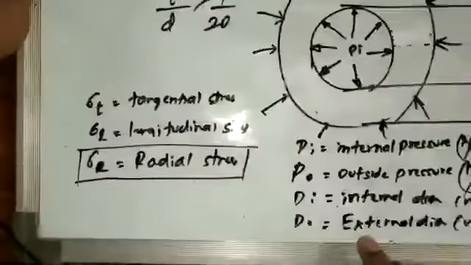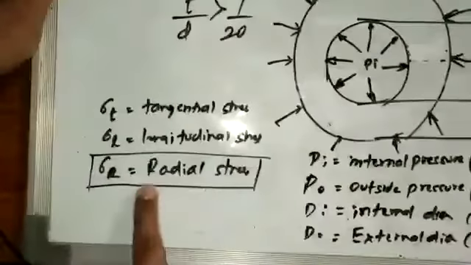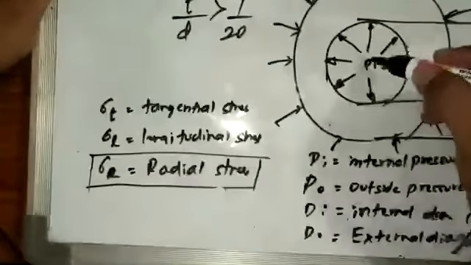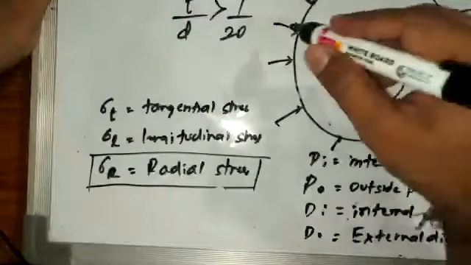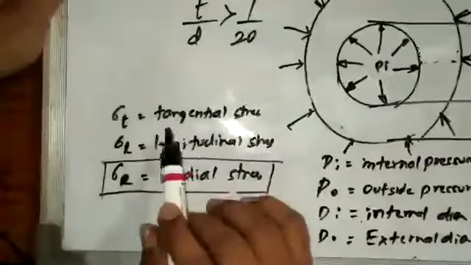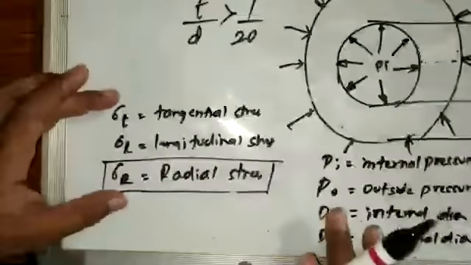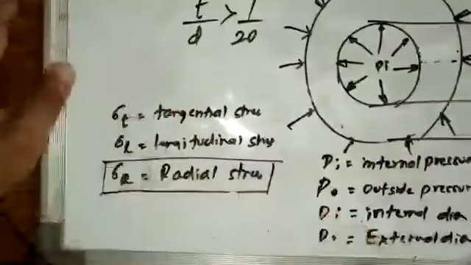In thin cylinders, we ignored this particular radial stress. Radial stresses are stresses generated in the radial direction. Whereas here we are considering all three stresses: tangential stress, longitudinal stress, and radial stress.